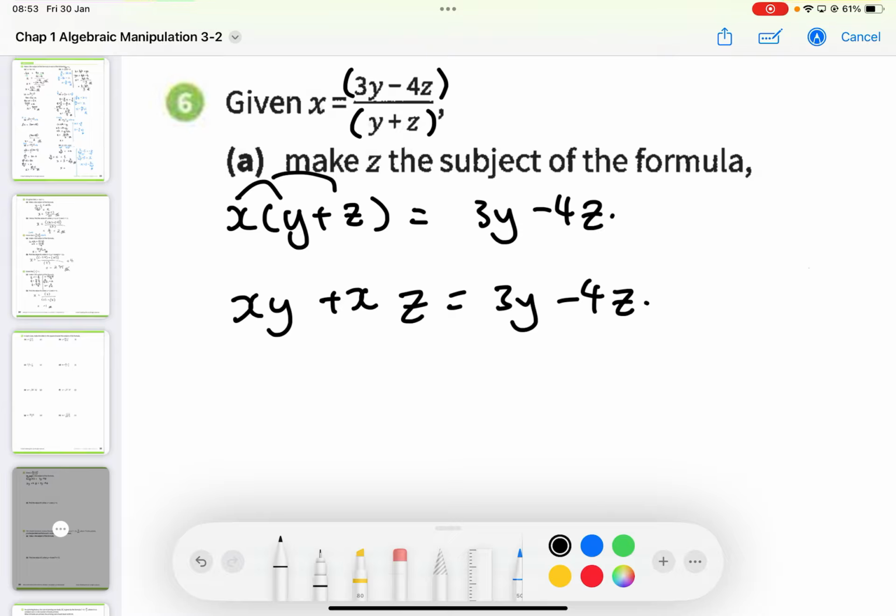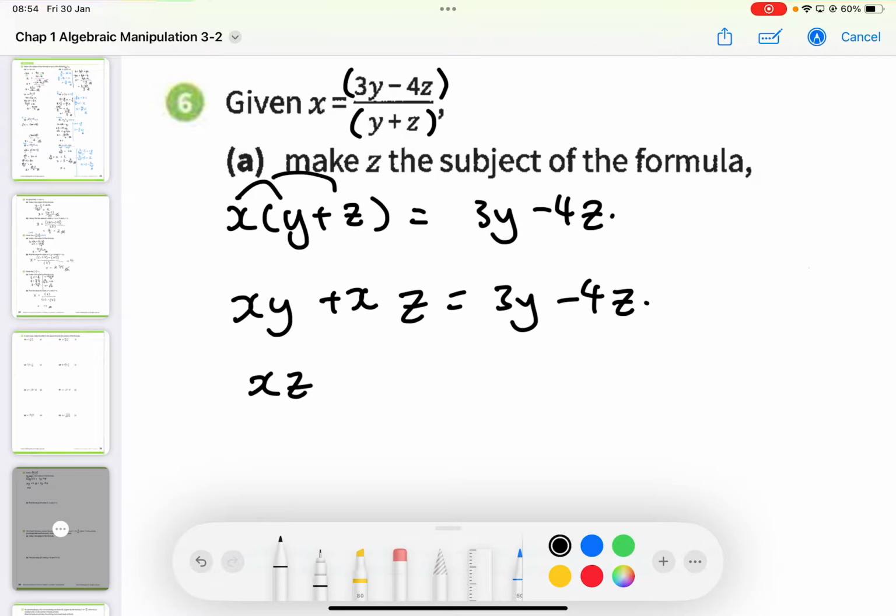Then I must start to look for which terms got Z. Because those terms with Z, I want to put them together. So my XY doesn't have Z, so I don't want it to be together with my XZ. My XZ got Z. Then my 4Z here got Z. So I want to keep this XZ on the left, and I want to bring this 4Z term to the left together with this XZ.